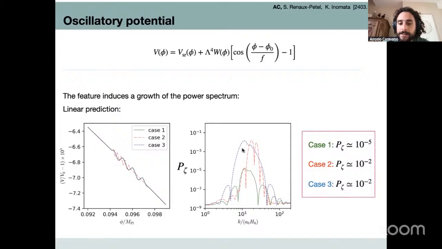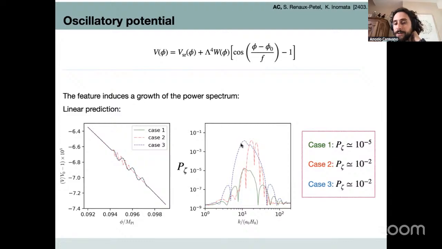In these three cases, we have different situations. In the first case, the power spectrum is enhanced and the peak is around 10 to the minus 5. In the other two cases, the power spectrum peaks around 10 to the minus 2, which is the interesting range for primordial black hole formation.